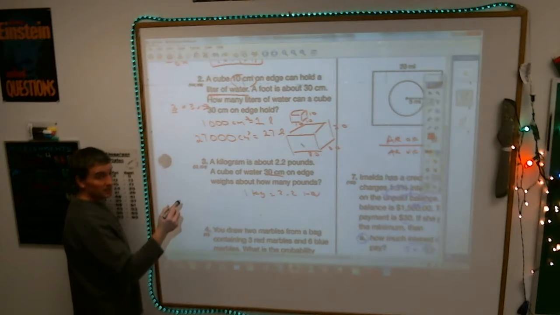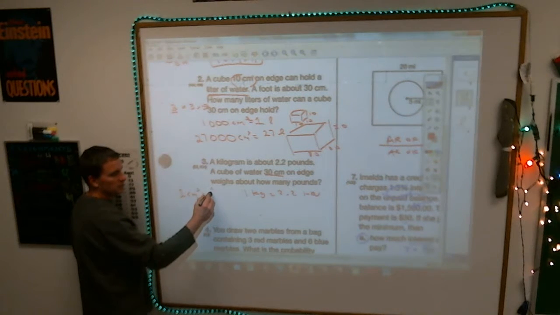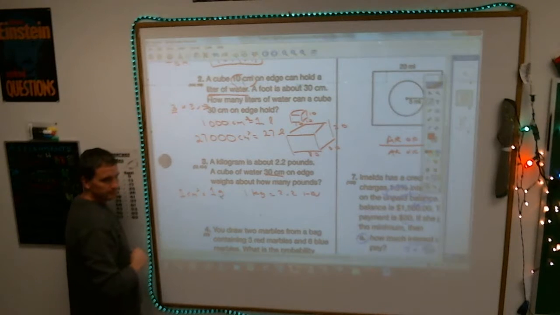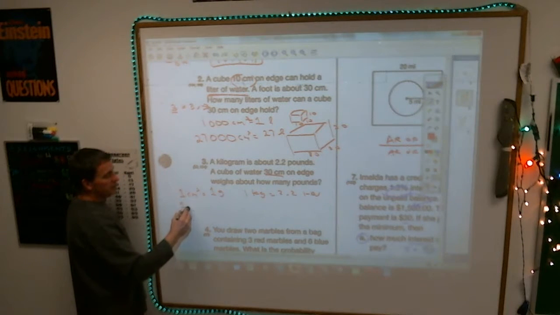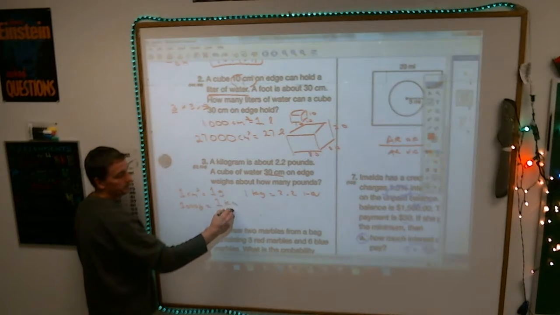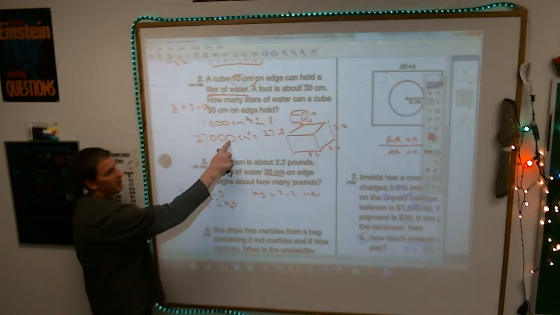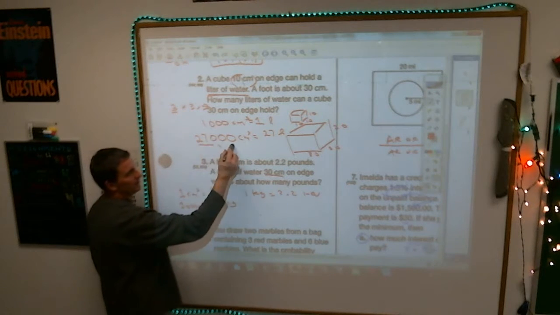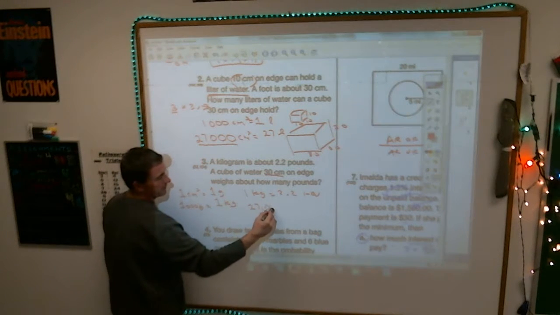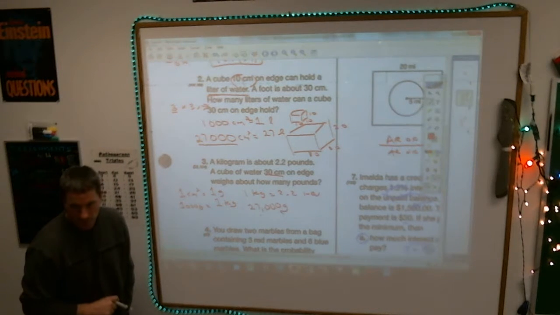It's real easy in the metric system. 1 centimeter cubed, ladies and gentlemen, is 1 gram. 1,000 grams is 1 kilogram. So if you have 27,000 of these, it is 27,000 grams. And 27,000 grams is how many kilograms? Taylor.